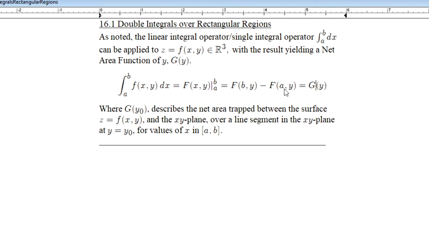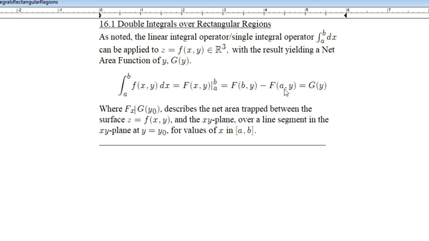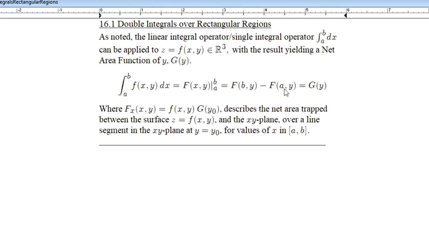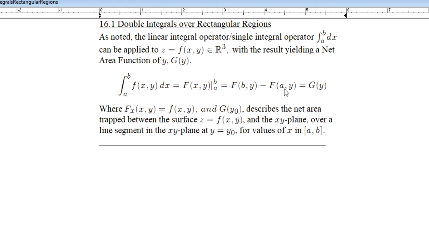We might point out then, big F's first partial with respect to x for x comma y would be equal to little f of x comma y.